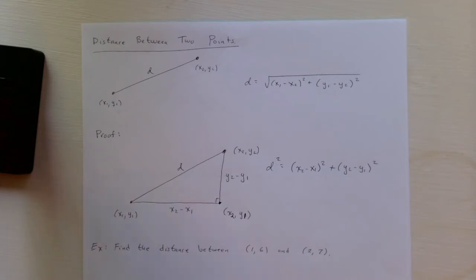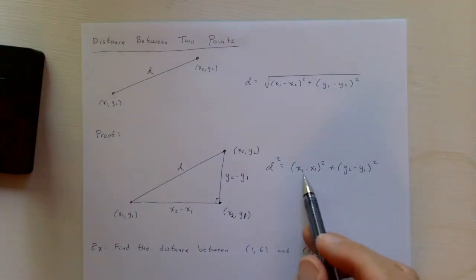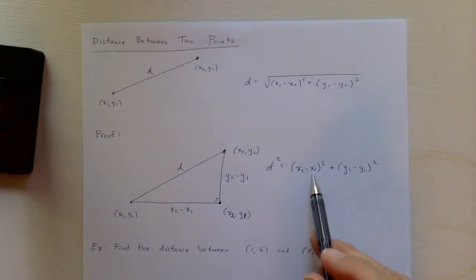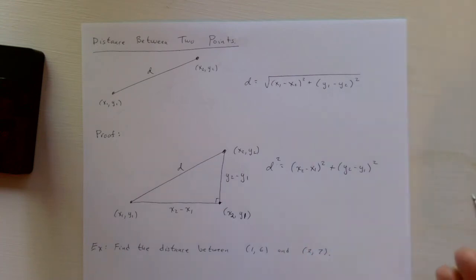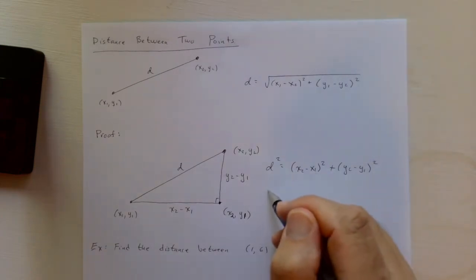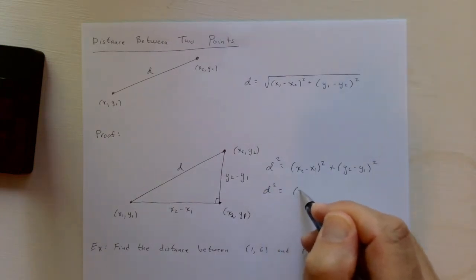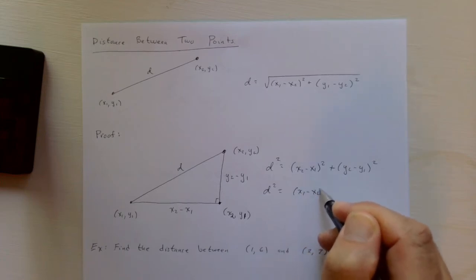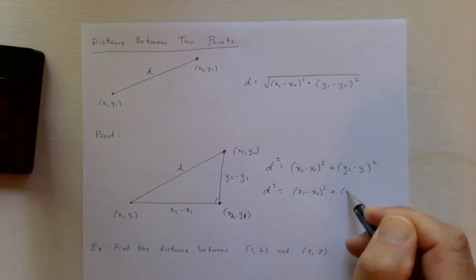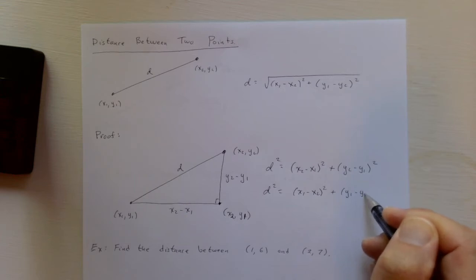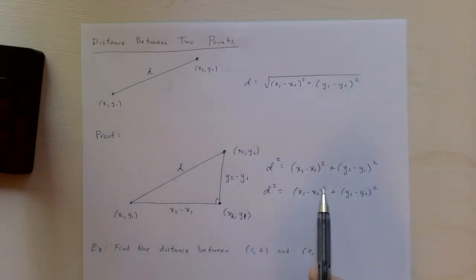Okay, before we take the square root, we can change the sign of this because x1 minus x2 is the opposite of x2 minus x1, but because we're squaring that, the minus sign is going to go away. So we get d squared is going to be x1 minus x2 squared plus y1 minus y2 squared. Again, because they differ just by a minus sign, and when you're squaring it, it goes away.